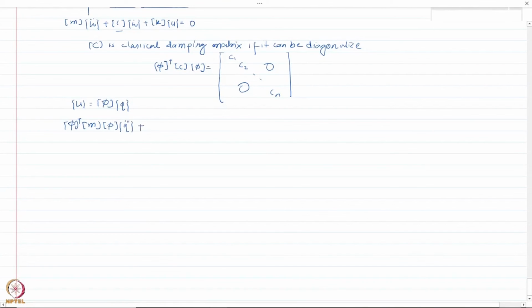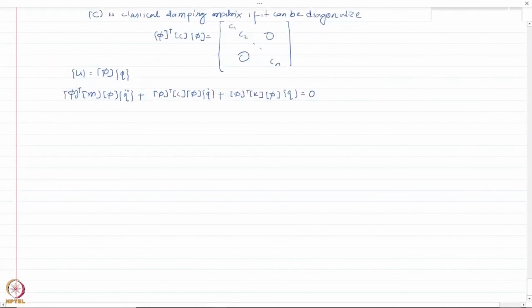Here again phi transpose times C times U dot, which I can write as Q dot here, and then phi transpose times K times phi times Q. Now as we know, this is a diagonal mass matrix, this is a diagonal damping matrix, and this is a diagonal stiffness matrix.